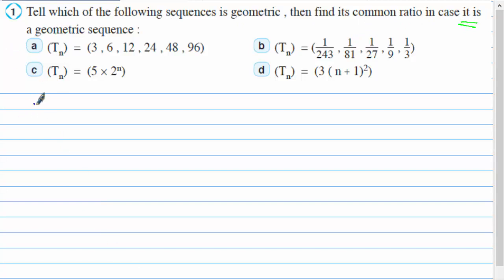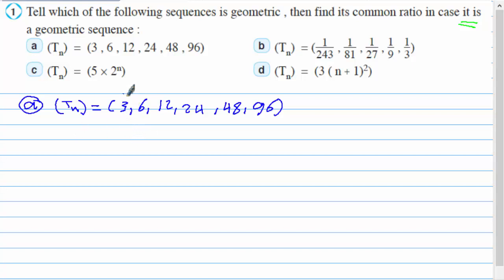Okay, A here: we have Tn equals 3, 6, 12, 24, 48, and 96. Now we can make another test for this, dividing every two consecutive terms.